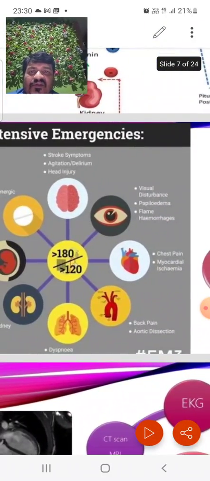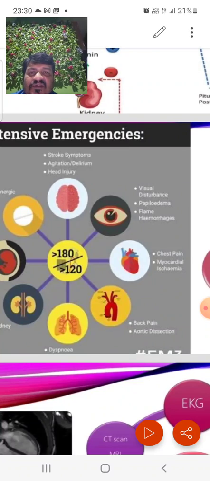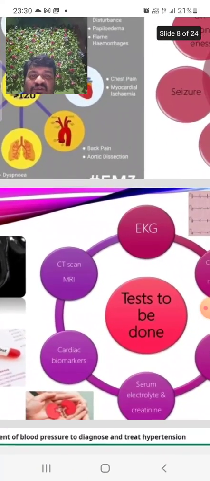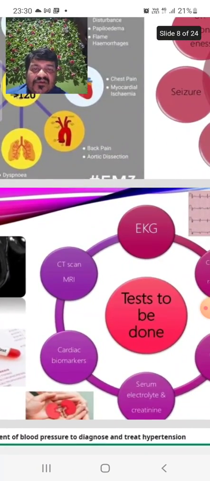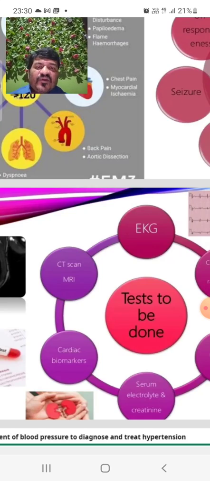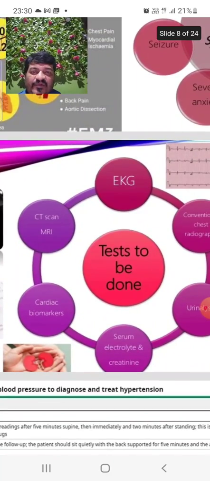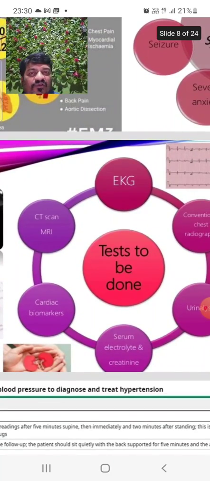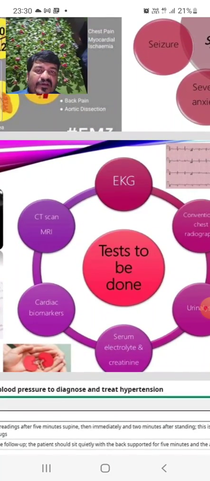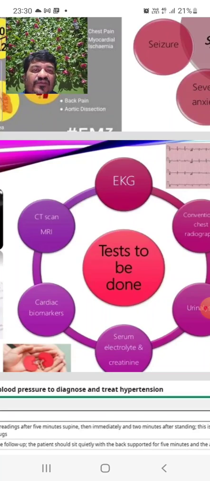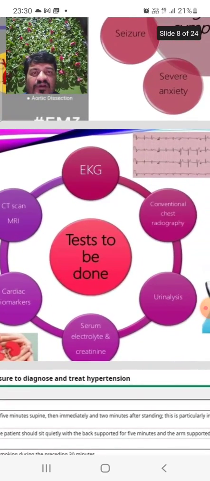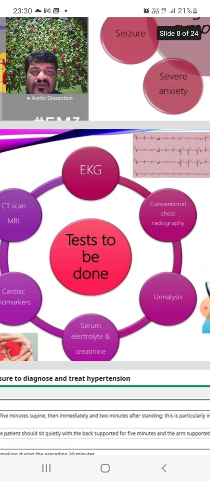You know that the stroke symptoms are there, so at that time CT scan is mandatory and very helpful for us. Second, if we have the facility of MRI, we should go for the MRI, and it is much more beneficial for the patient when the patient comes initially to the doctors.